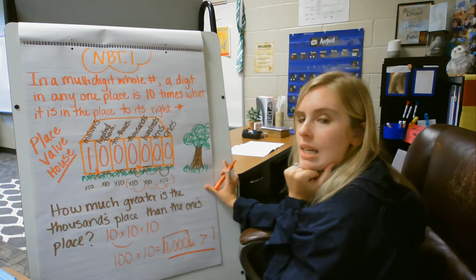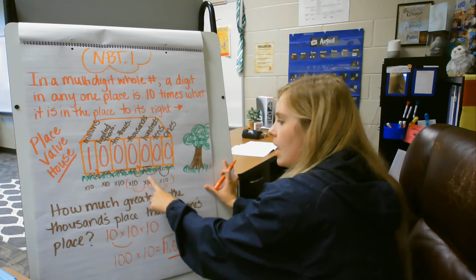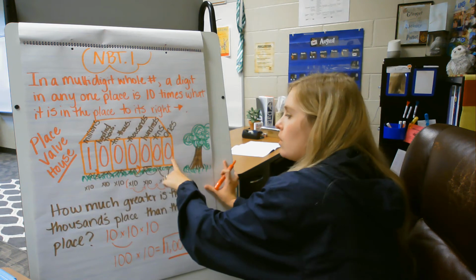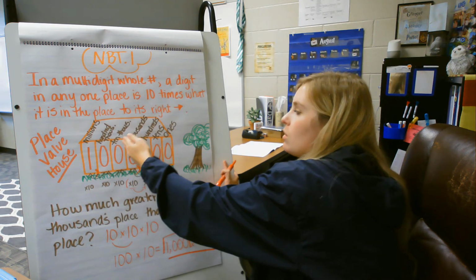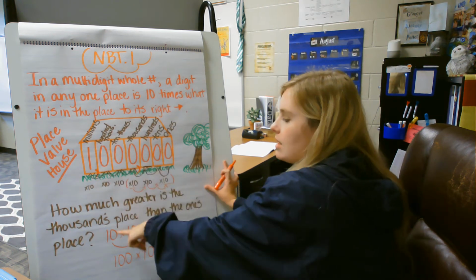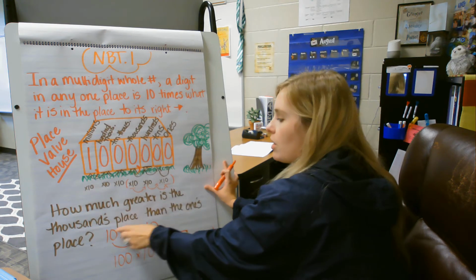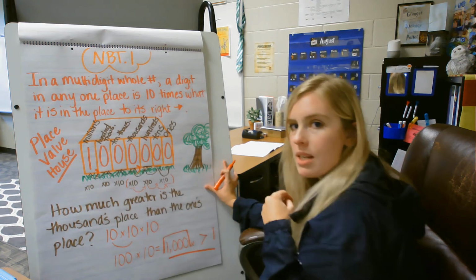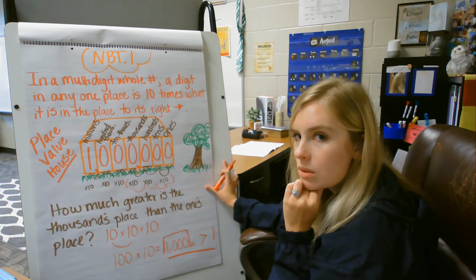Okay, so it's basically like saying times 10 times 10 times 10, right? And when you have to jump from one place all the way to maybe 3 or 4 places down like we did here, how much greater is the thousands than the ones, you're just including each times 10 to figure that out. Okay?